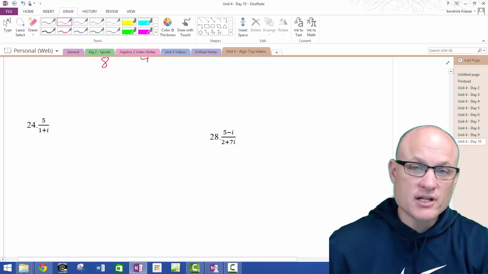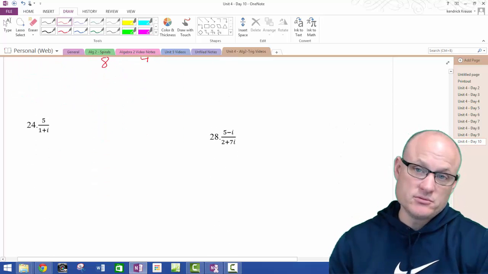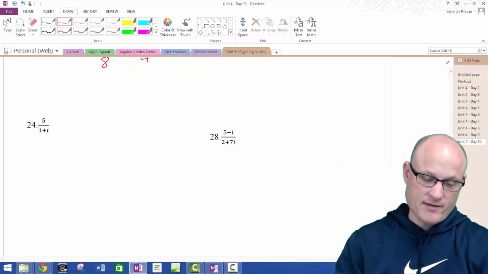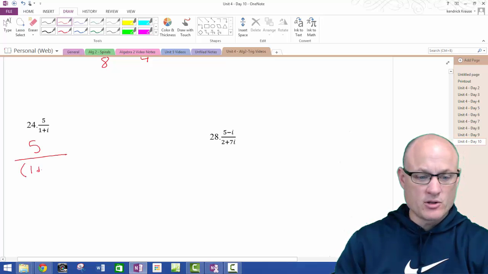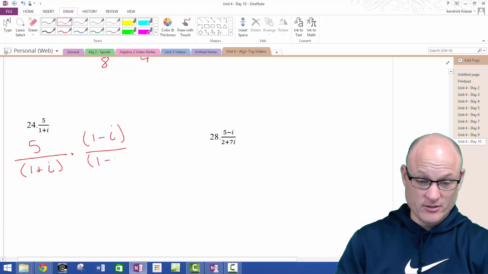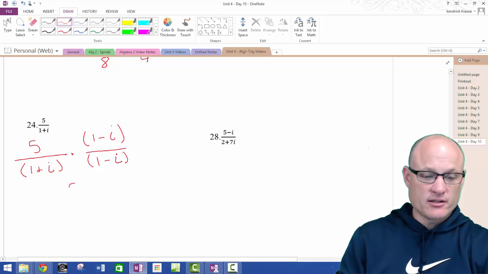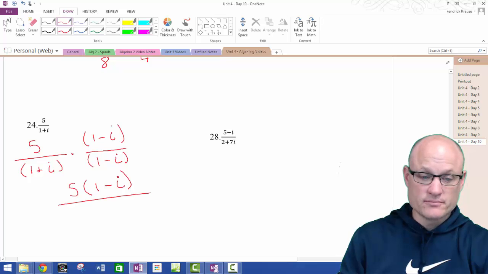Now, just like with the radicals, when I have a binomial, and let me rewrite this so it's larger. I don't know why those are so jammed in there. I'm going to multiply by the conjugate, 1 minus i. Same work, it's just a little bit funkier. So in the numerator, I get 5 times 1 minus i, all over.